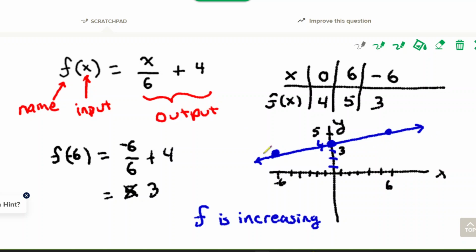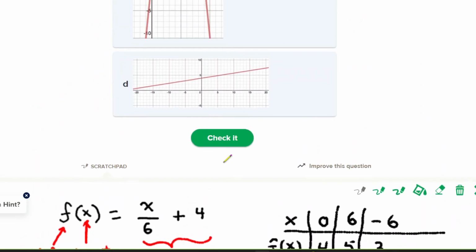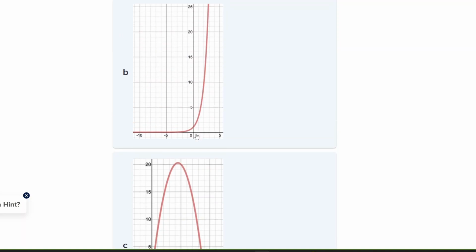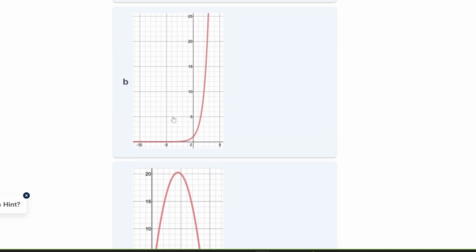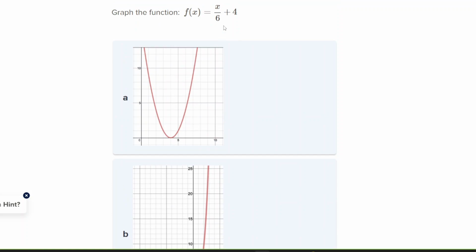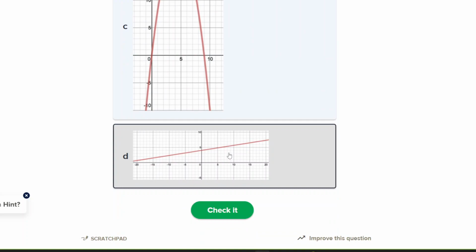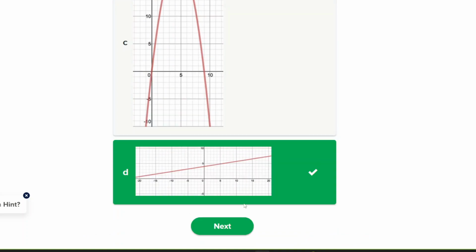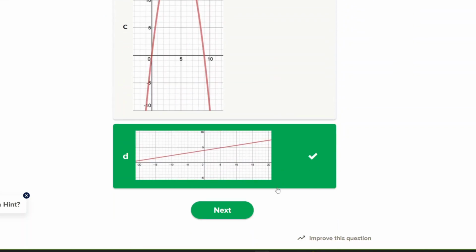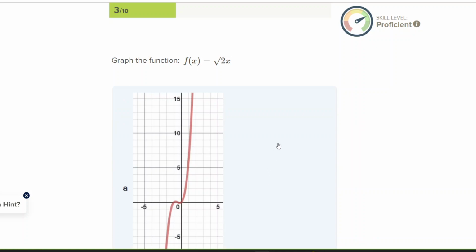as I go from left to right, as x increases, the y coordinates are going up all the time. But anyway, we're only asked to look at the graph, and that looks like choice D here. This is a parabola. This looks like, we'll talk about exponential functions in later videos, I'm sure. Here's another parabola. Now this graph F is the graph of a line, choice D. Wonderful. All right, so moving on. But again, I hope you see what's going on here.